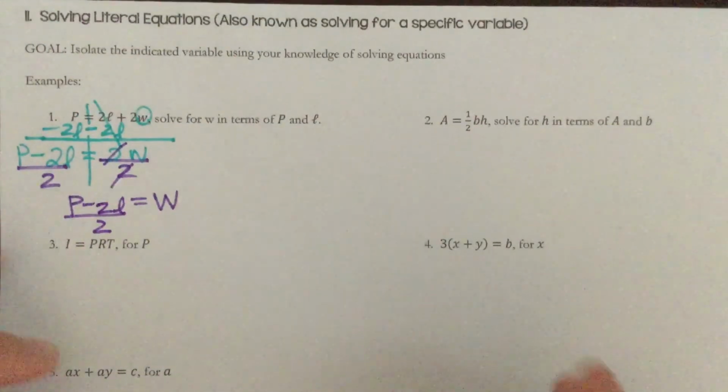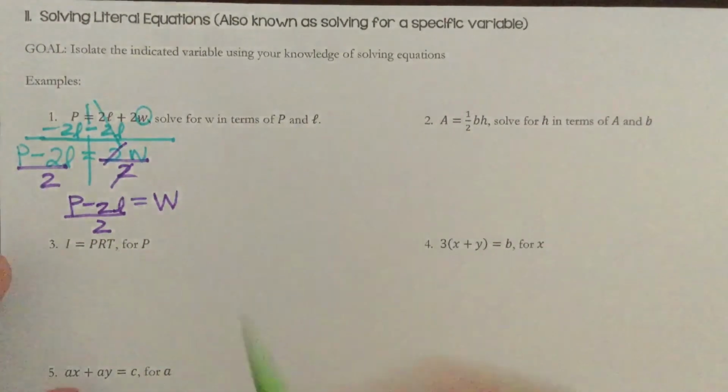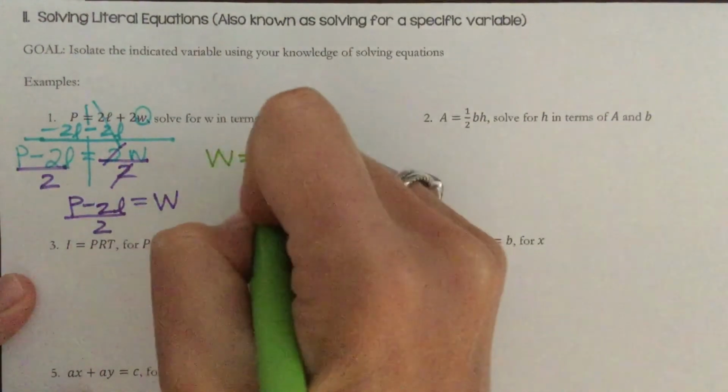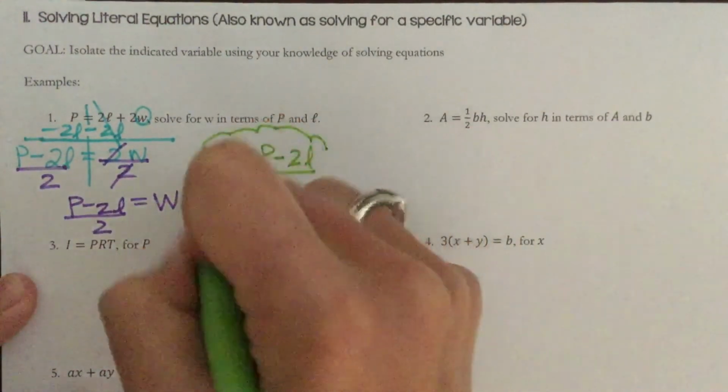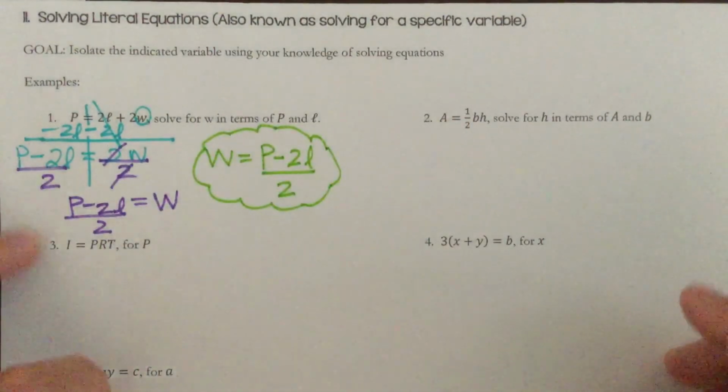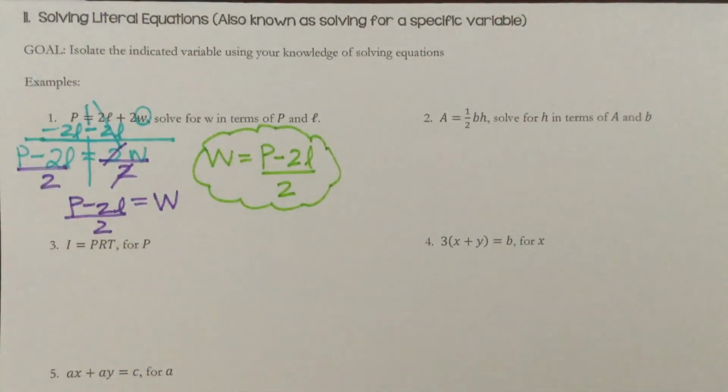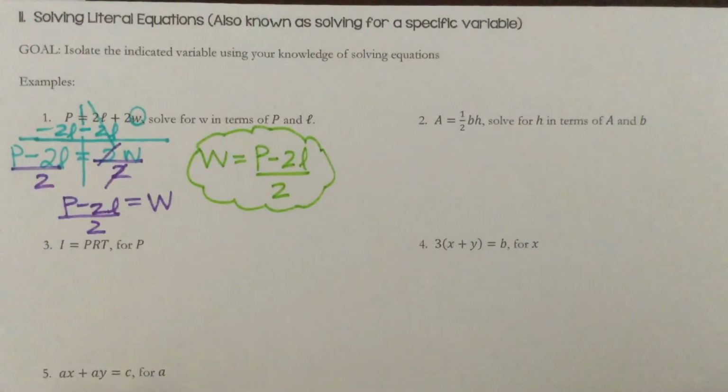The symmetric property says that I can rewrite that if it bothers me that the W is on the right and not on the left. So when we solve, W is equal to P minus 2L divided by 2. In other words, to find the width, I take the perimeter, subtract 2 of the lengths, and divide the entire thing by 2. In the second example, we have the formula for the area of a triangle.